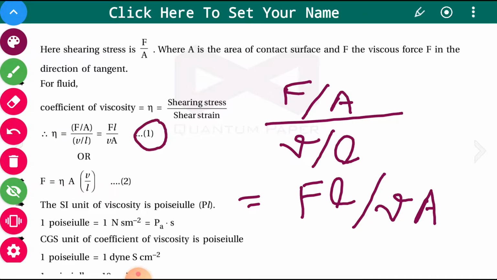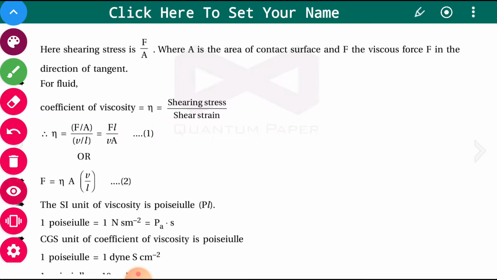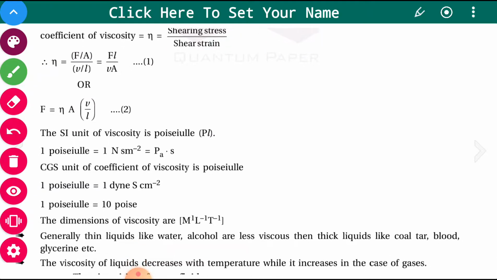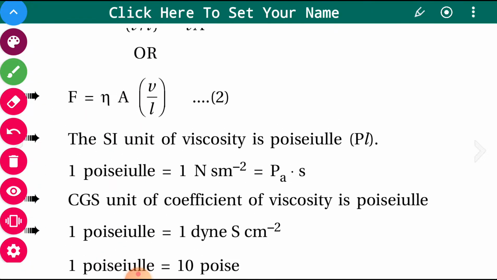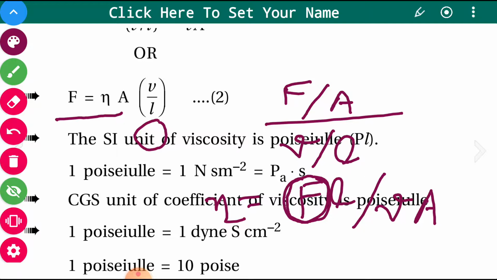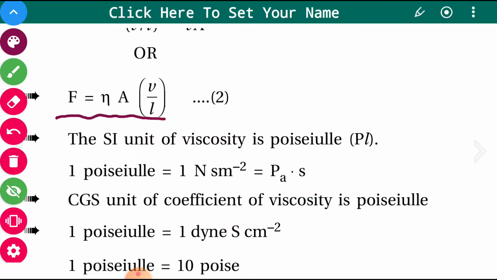If you make this equal to eta, the coefficient of viscosity, pronounced eta, and make the viscous force the subject of the formula, the equation will be F is equal to eta A V upon L.